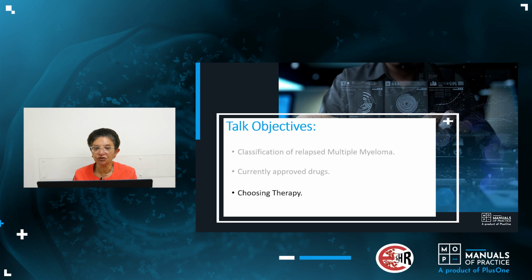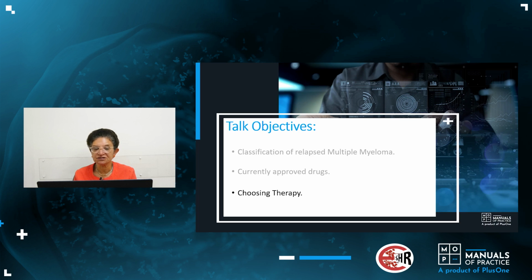Also, the use of monoclonal antibodies can be a good addition in relapsed refractory cases. And now they are thinking more of quadruplets rather than triplets, which we're going to mention later. And this might affect the relapsed multiple myeloma and make it more drug-friendly and more responsive to treatment, so that we can avoid, prevent, or at least delay a second relapse.